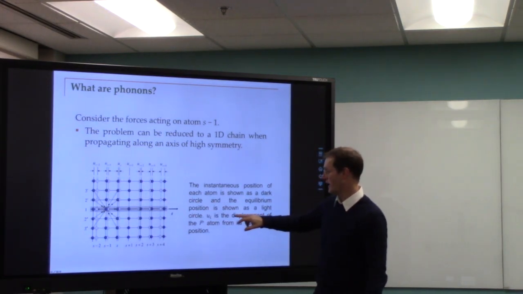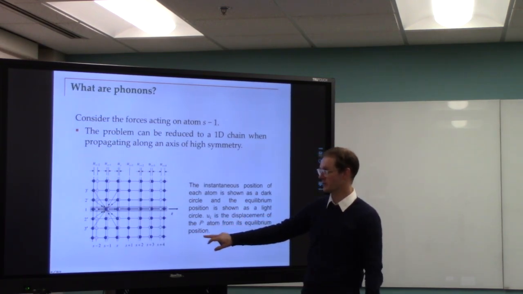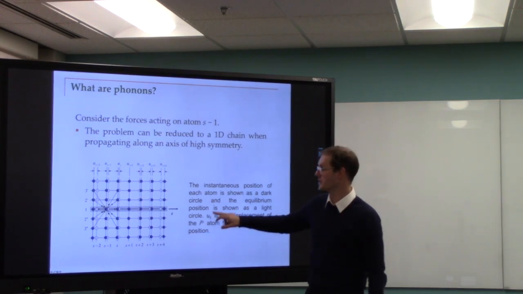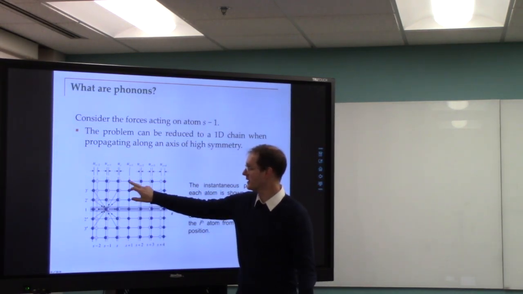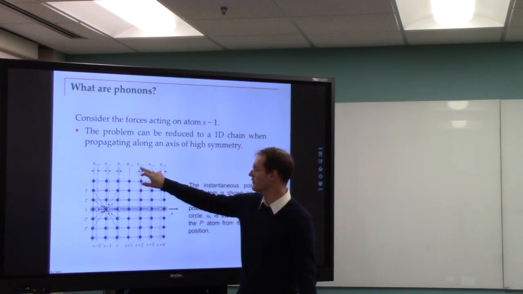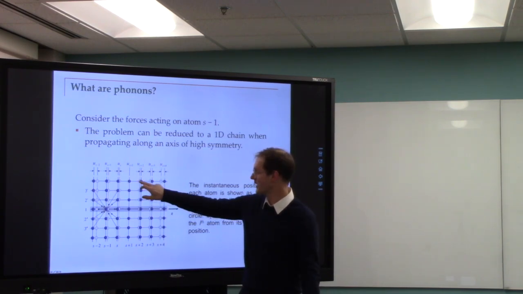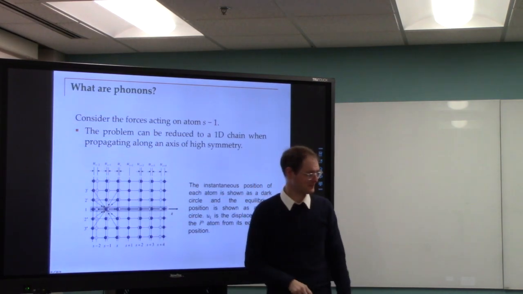These vectors u sub i represent the displacement of the ith atom away from its equilibrium position. So here, u sub s plus 1 is 0, it's not displaced, but the next atom over, in the s plus 2 position, has a displacement u.